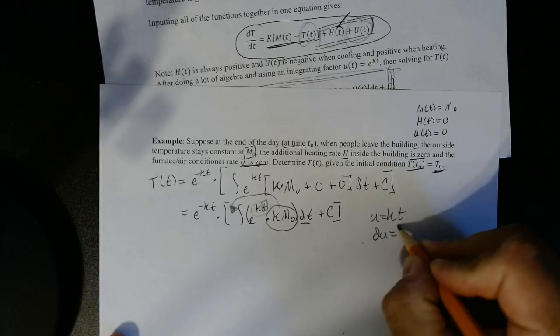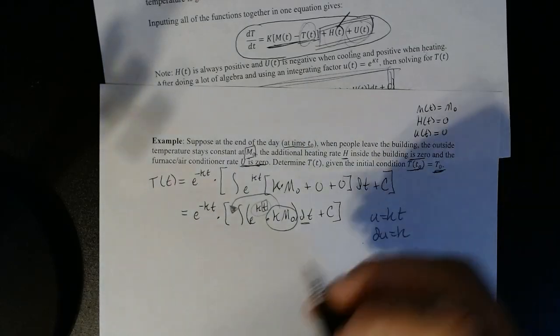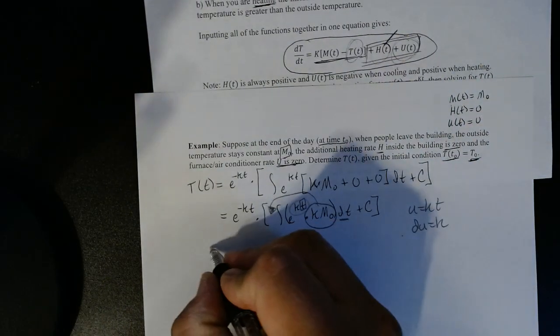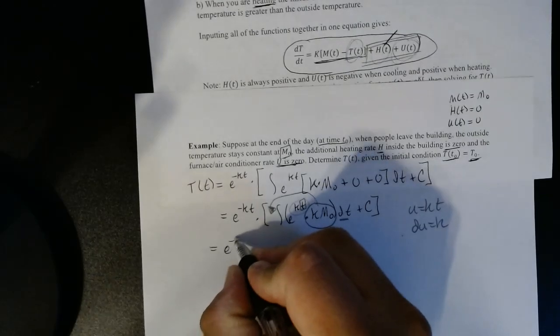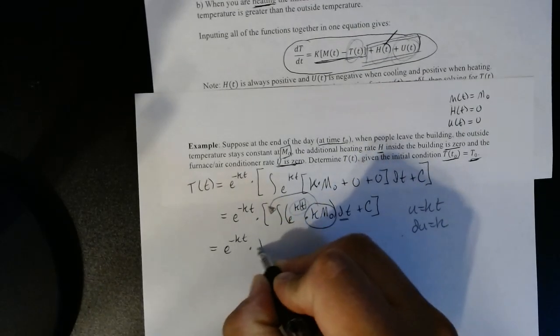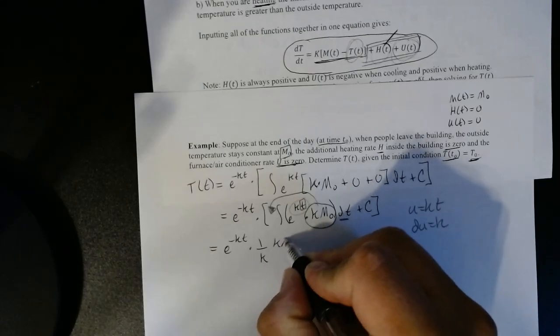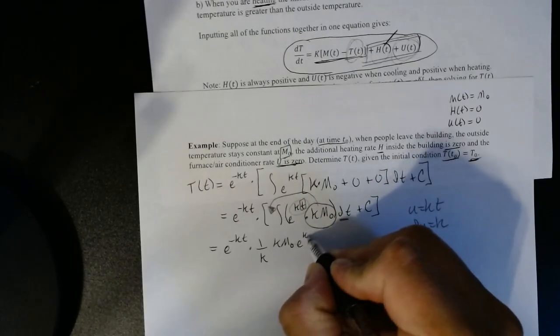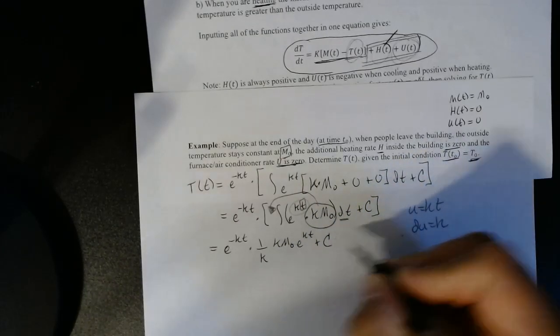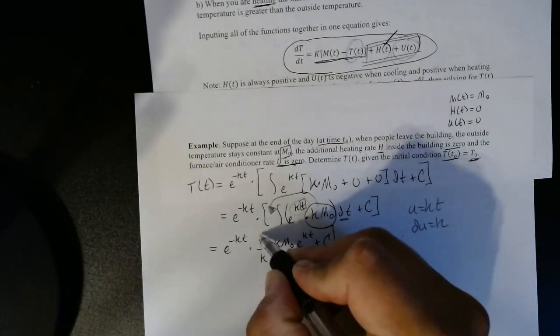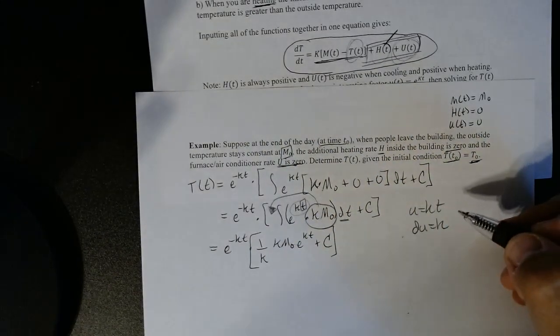Therefore du is k, so we divide by k. So this integral ends up being this on the outside, times 1 over k times all of this. Again, the c is still there, so let me keep that on the outside.